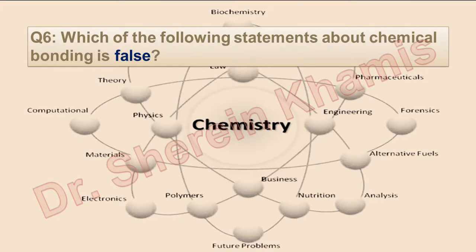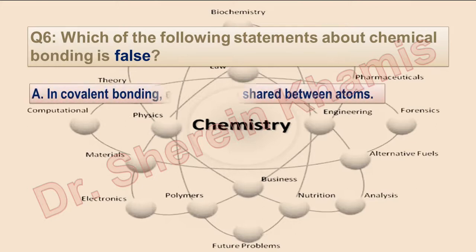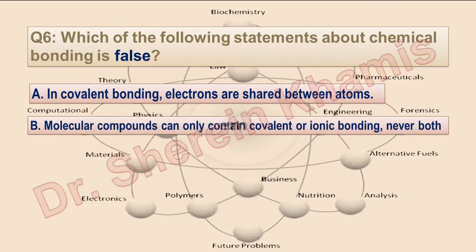Okay, question number 6 says: which of the following statements about chemical bonding is false? I put it in a distinct color to remember that we are looking for the false one, not the right one. We have the first one: in covalent bonding, electrons are shared between atoms. Okay, it's right.